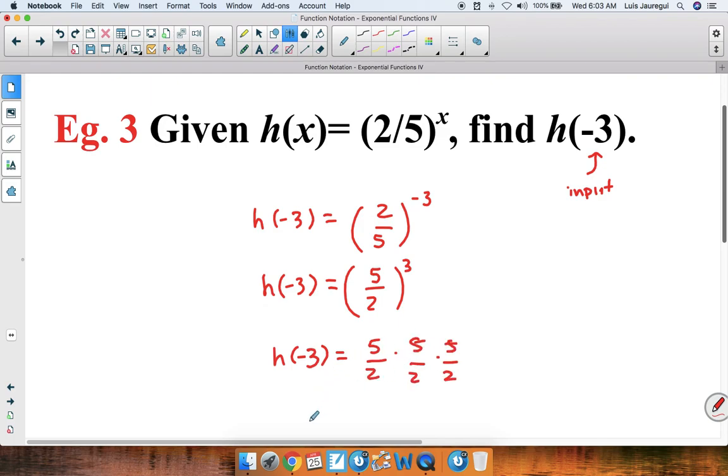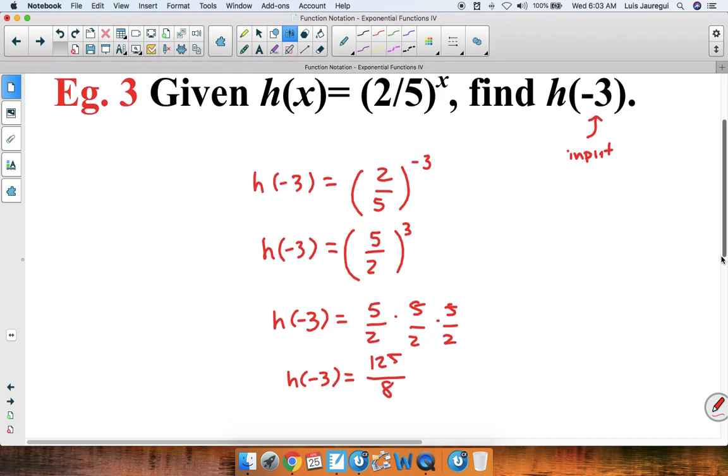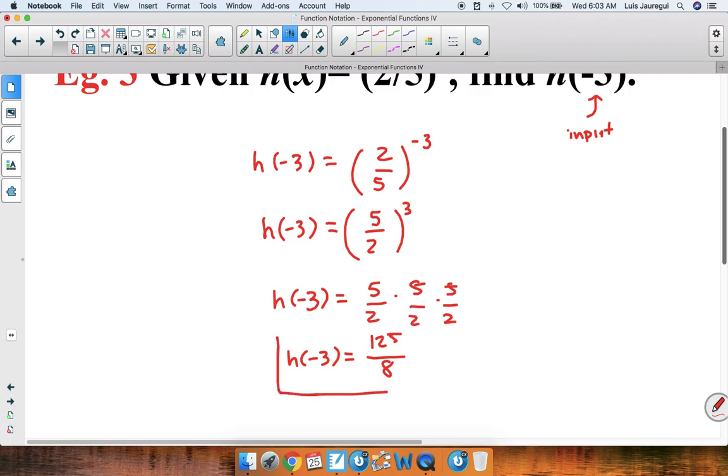Now, multiplying across, we get 5 times 5 gives you 25, times 5 is 125, all over 2 times 2, which is 4, times 2, which is 8. So we can say that h of negative 3 is equal to 125 over 8.